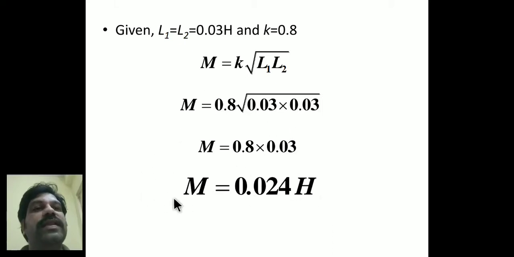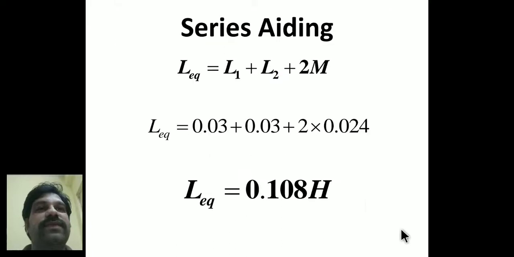After getting this M value, we have to calculate the equivalent inductance in the four cases. First case, series aiding. The formula is L1 plus L2 plus 2M. By putting in the values of L1, L2 and M, we get L equivalent as 0.108 Henry.